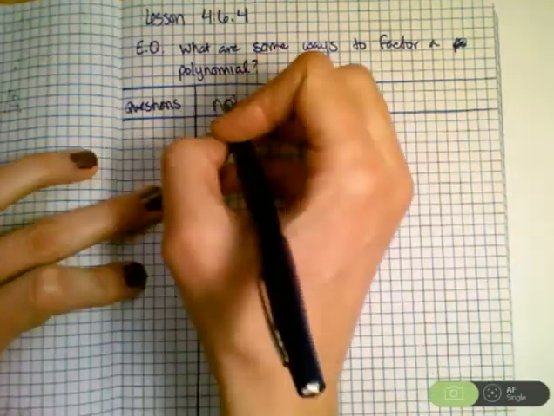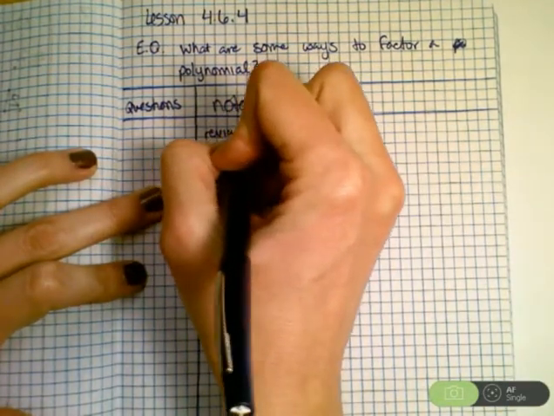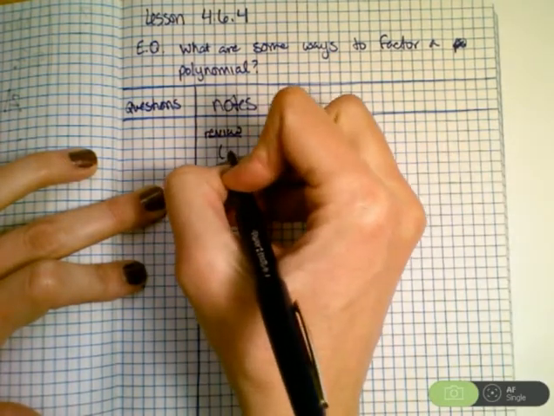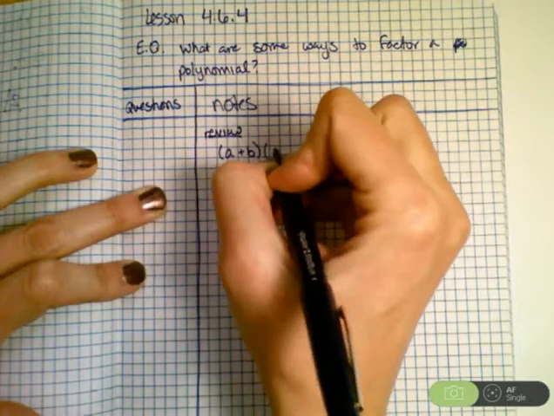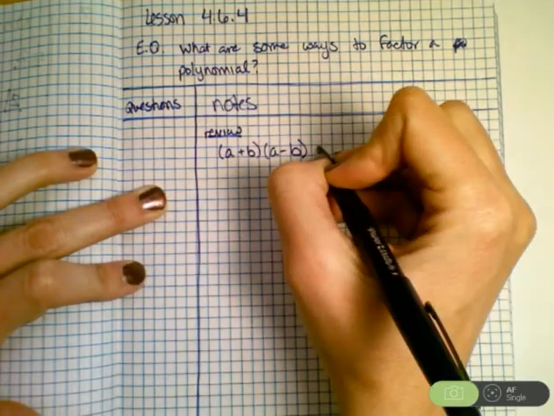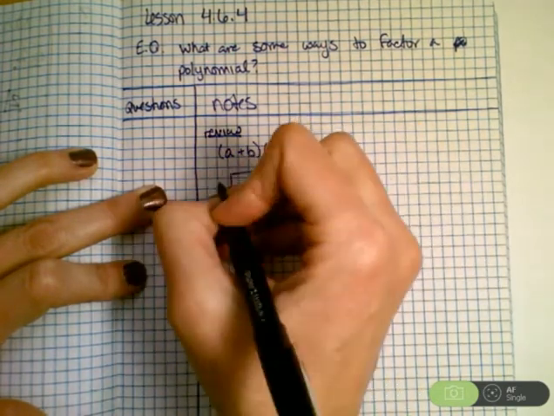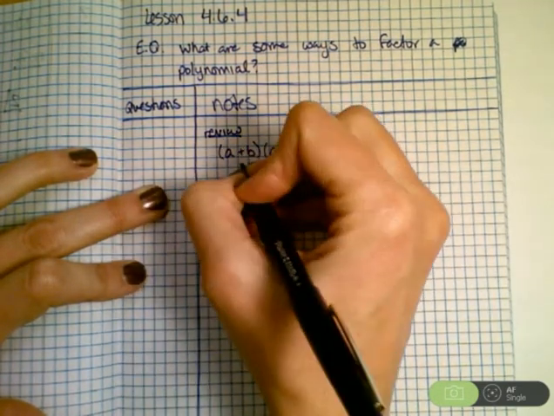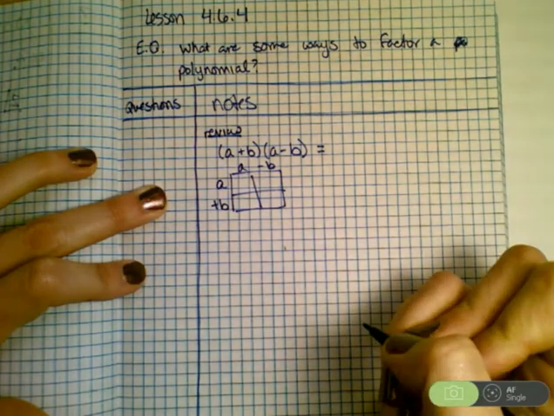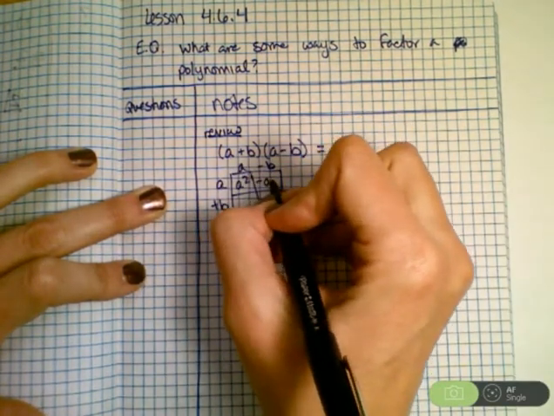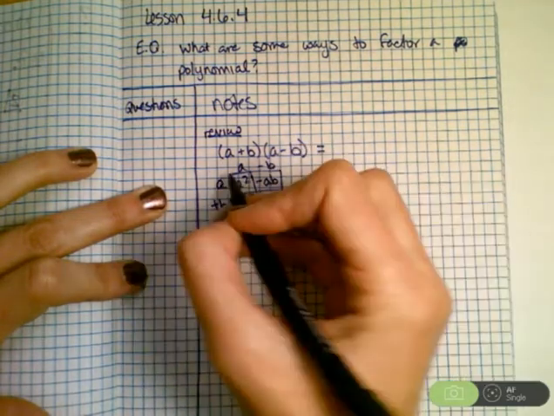So the first thing, just to review, is a little bit of multiplication. So if we had something like a plus b times a minus b, in order to multiply that out, most of us would use a box, and we'd put a and b and a and b. And when we multiply it out, we get a squared here, we get negative ab here, because the order doesn't matter.